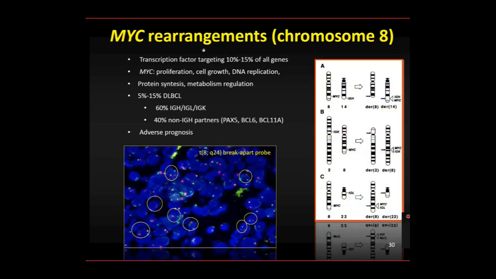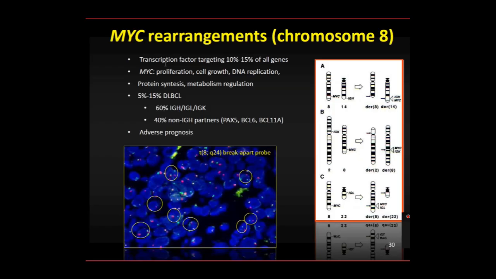Concerning MYC, MYC is a huge oncogene because it's a transcription factor regulating 15% of the human genome. So you understand that switching on and off MYC will change completely the transcriptome of a cell.